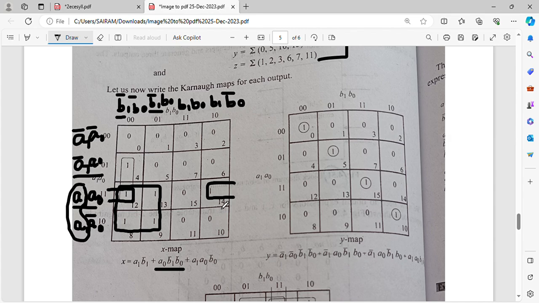When you overlap this, what happens: the cell number 12 has B1 bar B0 bar on top and cell number 14 has B1 B0 bar on top, both overlap. And this A1 A0 will remain as it is. So you write A1 A0 as it is, and in B1 bar B0 bar and B1 B0 bar, what is common, B0 bar. Right? So we are writing that B0 bar. This is what is for the first one.